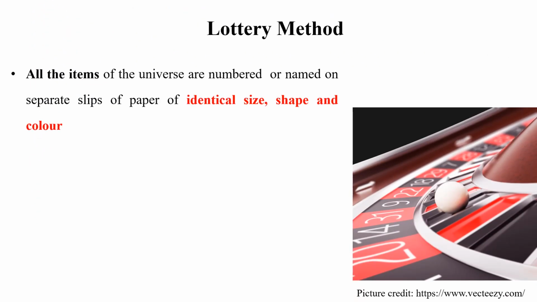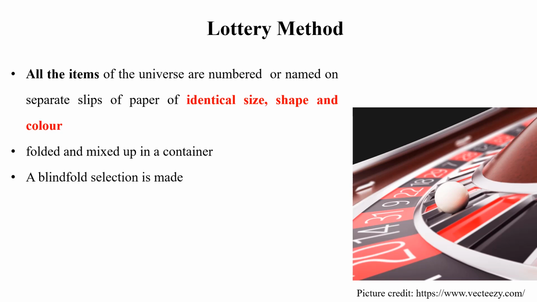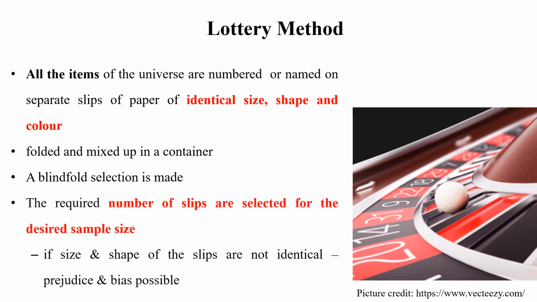What is the lottery method? Here, all the items of the universe or population are numbered or named on separate slips of paper, which should be identical in size, shape, and color. All these papers should be folded and mixed up in a container, and blindfold selection should be made.